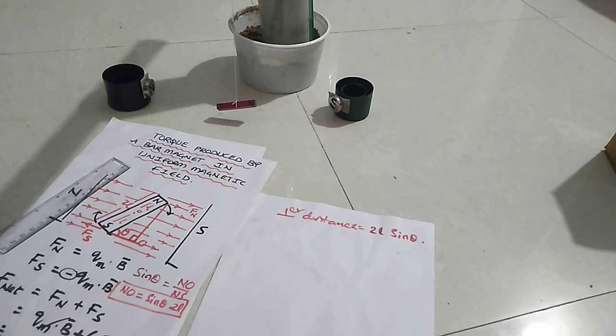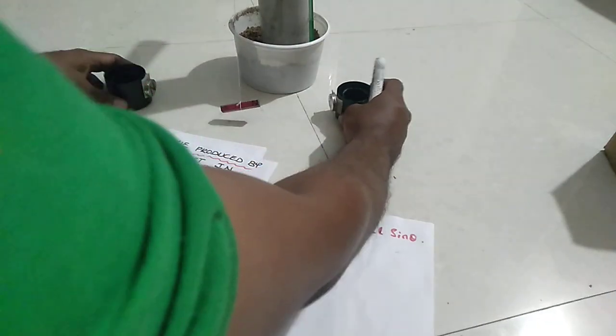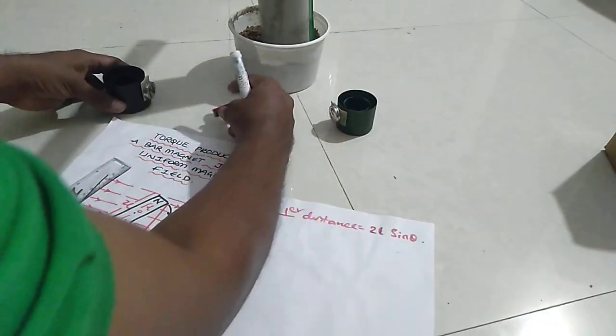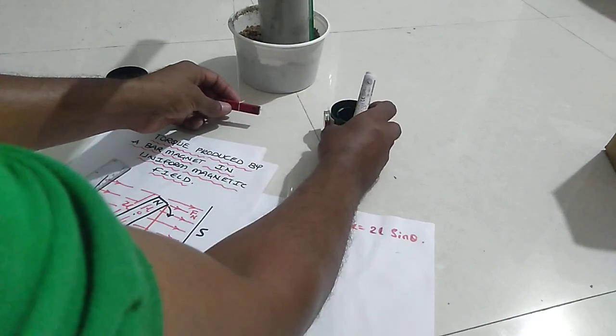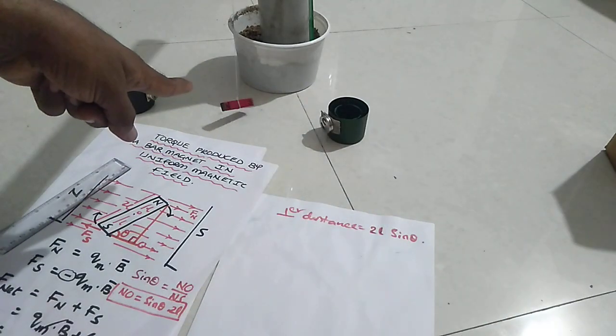Let's see what the formula for the torque is. Torque is the turning effect. Whenever the turning effect happens, you can observe a clear turning effect here. See how it is rotating. This is the turning effect that I am going to discuss.